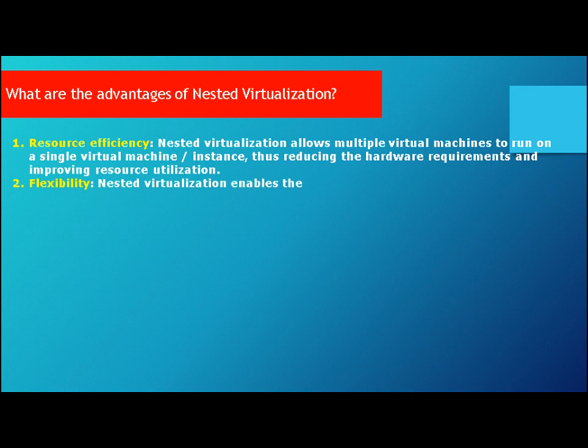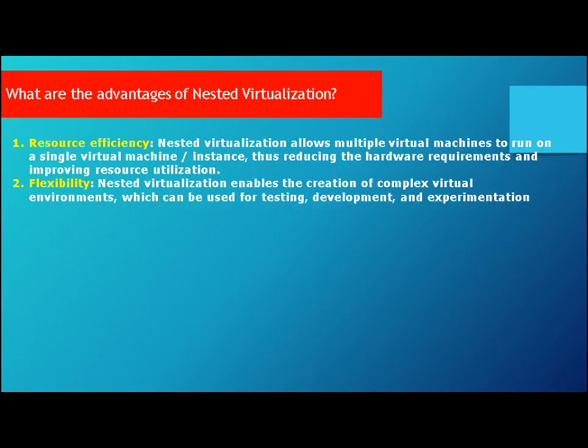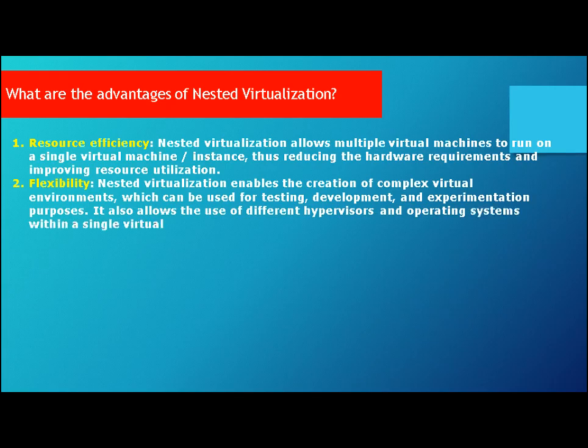Next is flexibility. Nested virtualization enables the creation of complex virtual environments which can be used for testing, development and experimentation purposes. It also allows you to use different hypervisors and operating systems within a single virtual environment. What does that mean? If you are going for nested virtualization, it will be easy to build a lab setup for development and testing purposes.